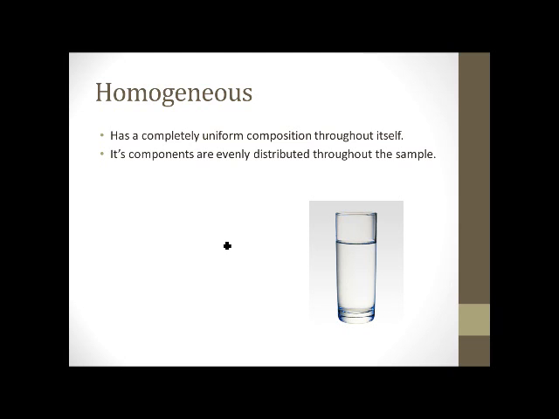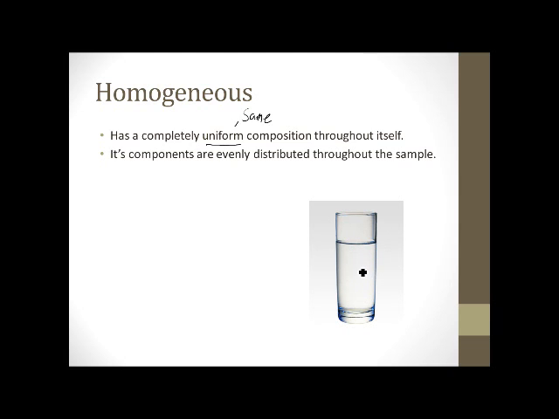Okay, so something is homogeneous if it has a completely uniform composition throughout itself. What does uniform mean? Well, it means the same, right? Everybody on the same team wears a uniform to show that they're on the same team. So the composition is the same throughout itself, and the components are evenly distributed. So when you have a glass of water, it's homogeneous.